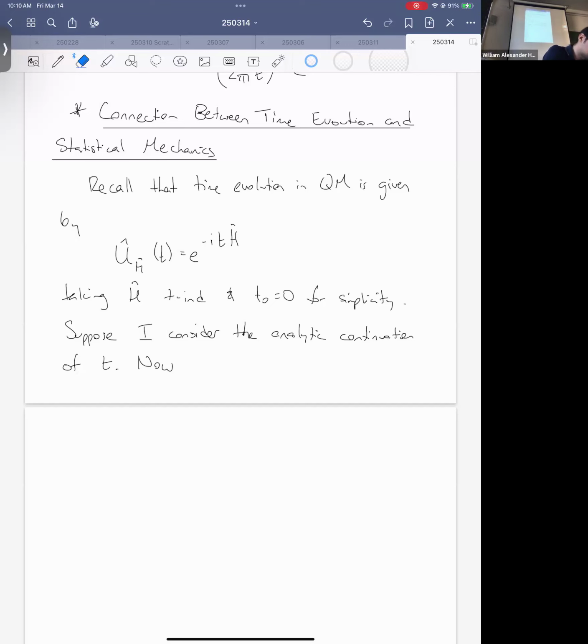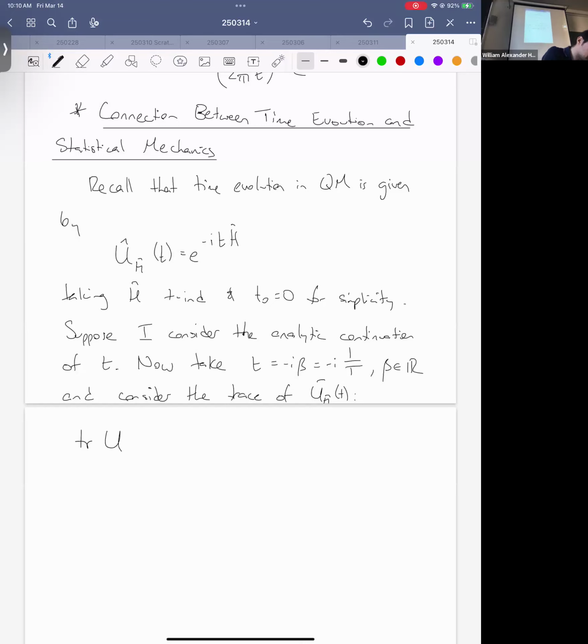So take t to be minus i beta, which is minus i times 1 over capital T, which we're going to take to be a temperature. Beta is some real number. And consider the trace of U_H of t.